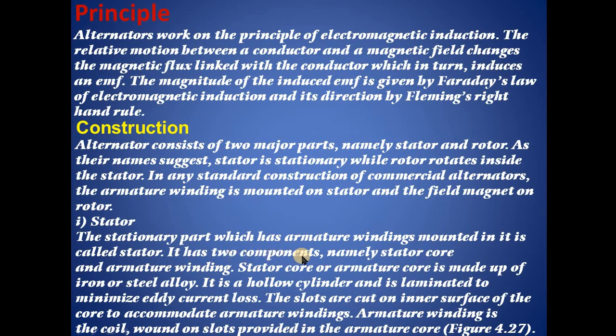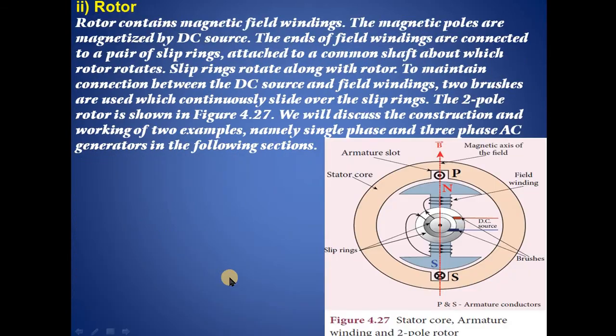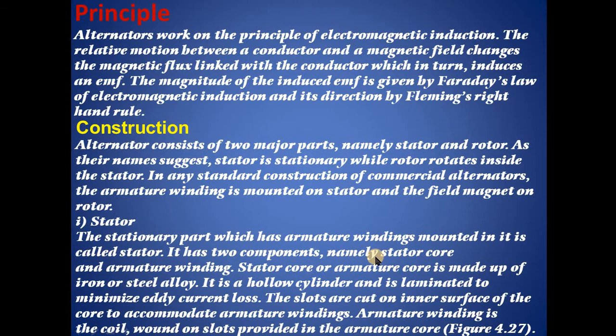It has two components, namely stator core and armature winding. This is the stator core. This is the armature winding. So two important components of the stator are stator core and armature winding.